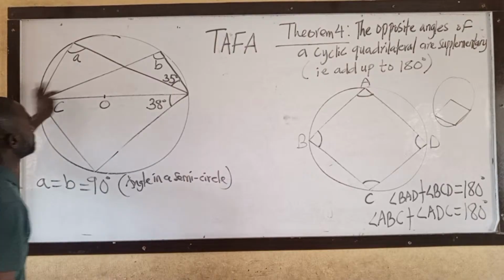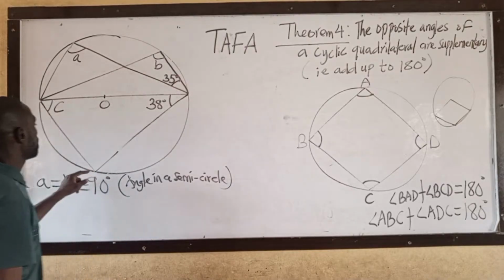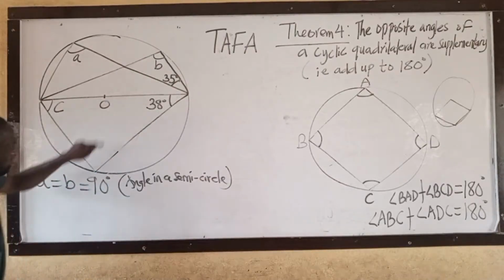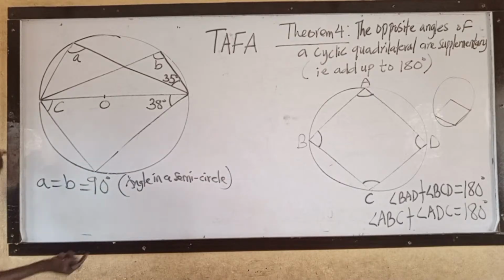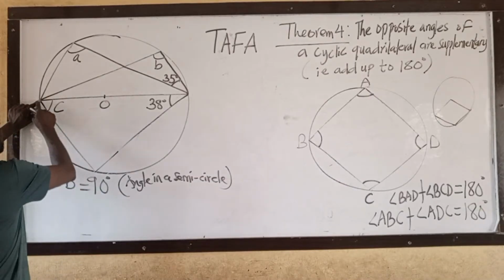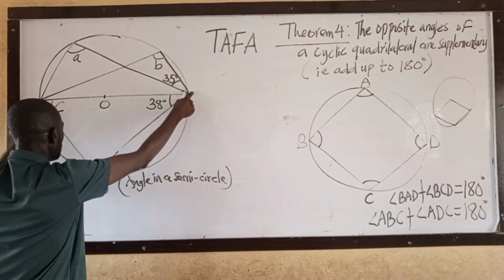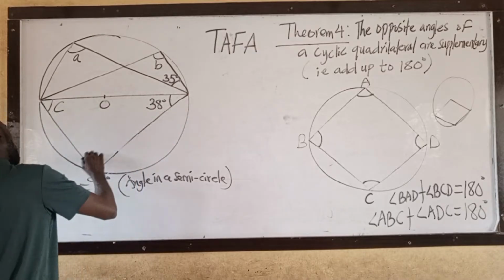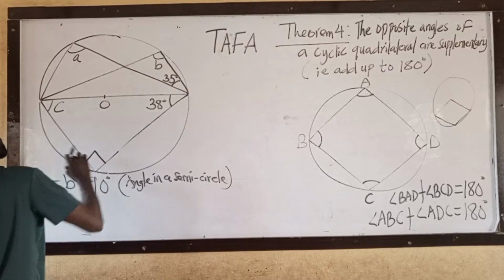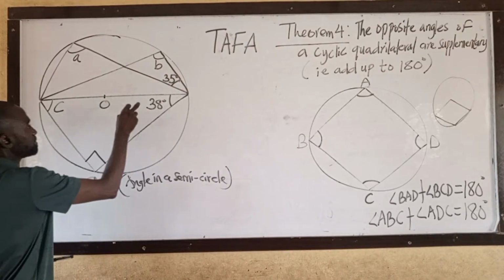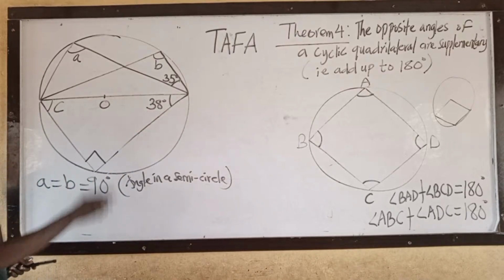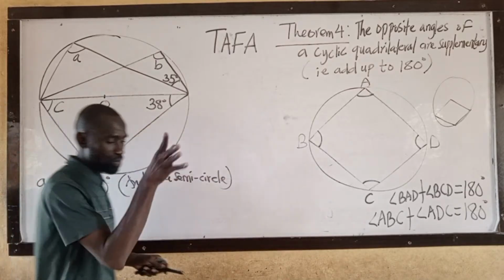Okay, 1, 2, 3, 4. Even B and this are opposite sides of what now? Cyclic quadrilateral. So what is this case? This is 90. But look at it. Angle in a semicircle, diameter, circumference. This is automatically 90 degrees. So now this plus this plus this, that's angles in the triangle.